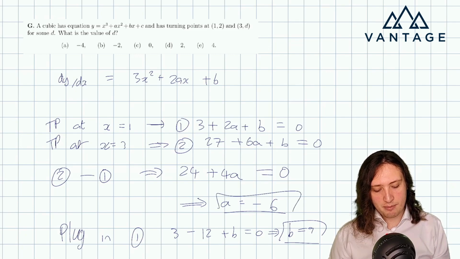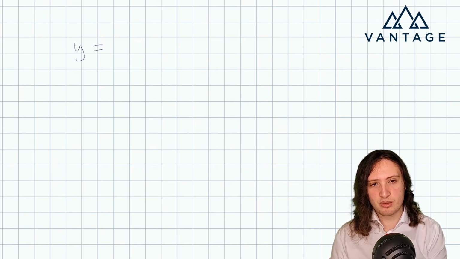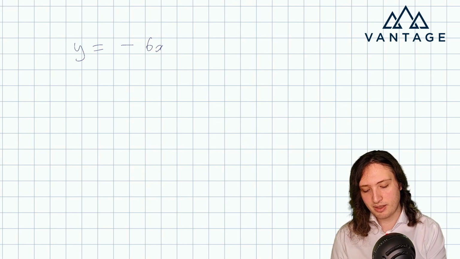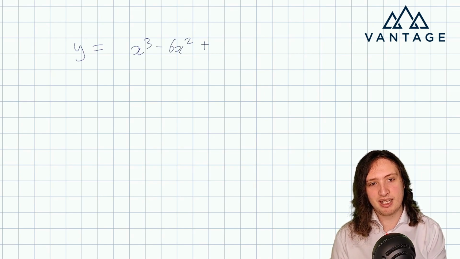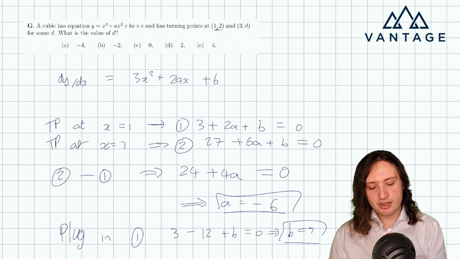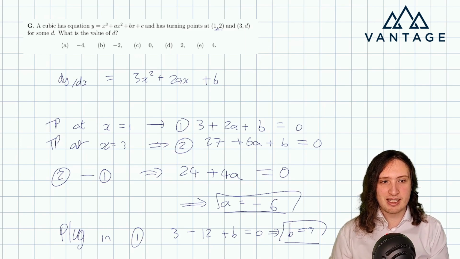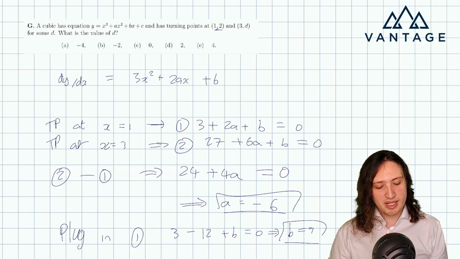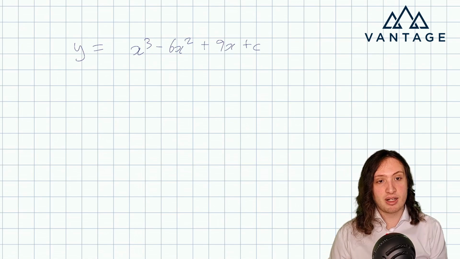Okay, so we know what a and b are. So we've got y equals, sorry, I forgot the cube term, x cubed minus 6x squared plus 9x plus c. We still don't know c. But we haven't yet used that we actually know the y-coordinate at x equals 1 as well. So we've got one more piece of information to pin down one more unknown.